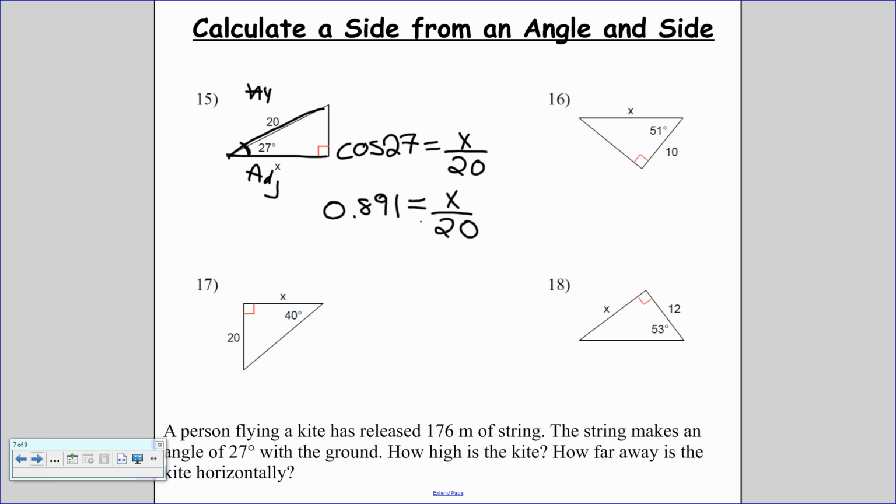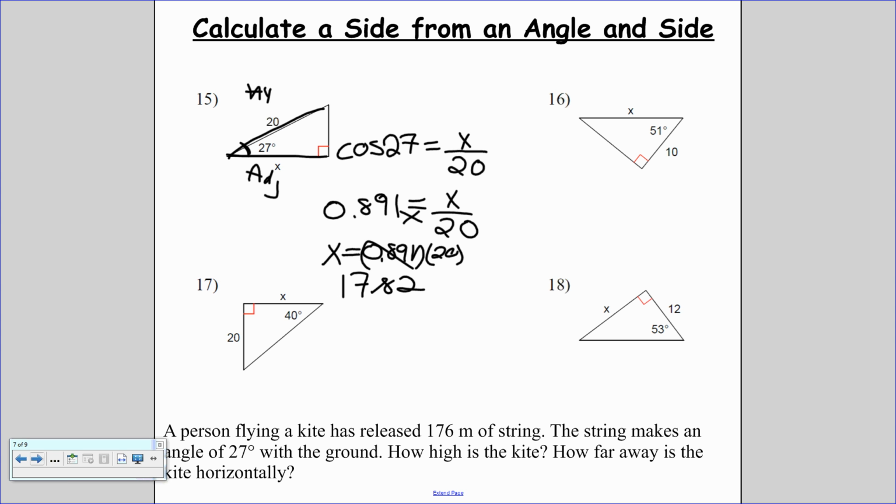Here, we cross multiply, and we get x is equal to 0.891 times 20. X is equal to 17.82. Okay? So my side here is 17.82.